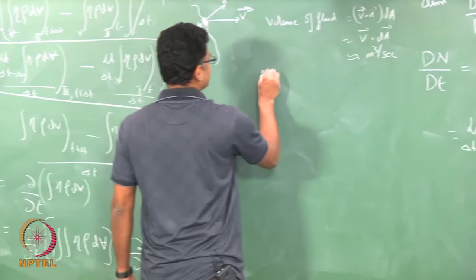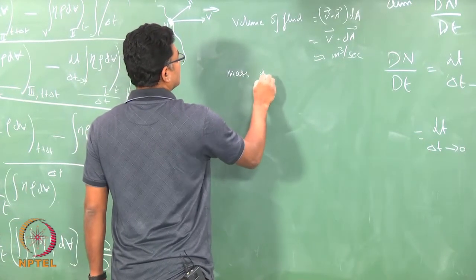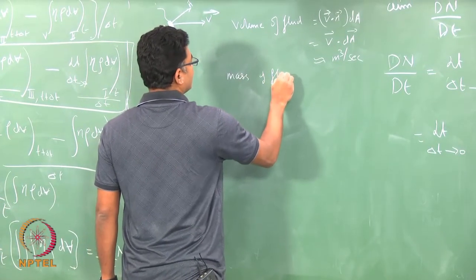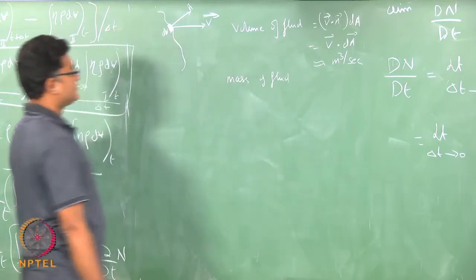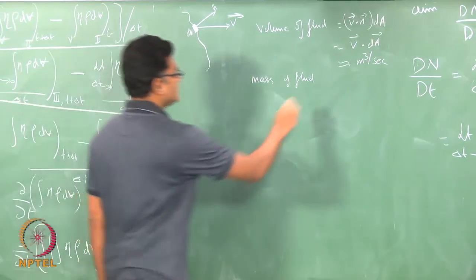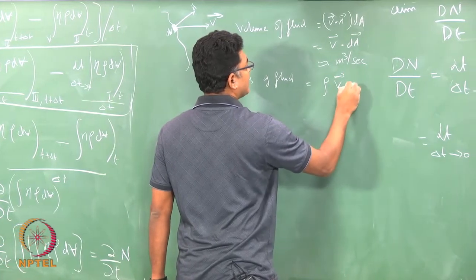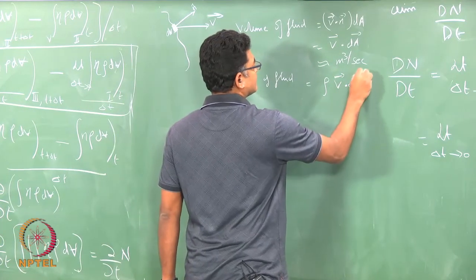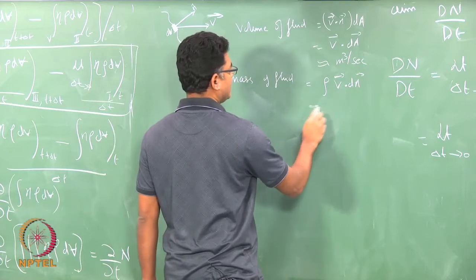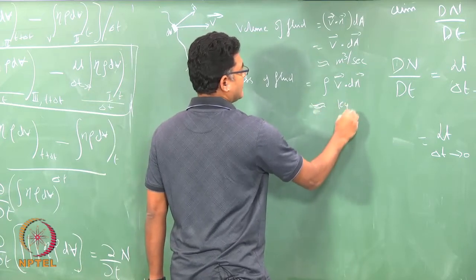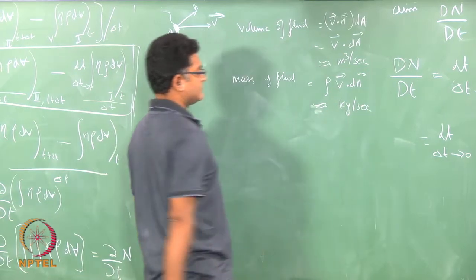So, the mass that is coming out of the small area dA is just this quantity multiplied by your density. So, this would be kg per second.